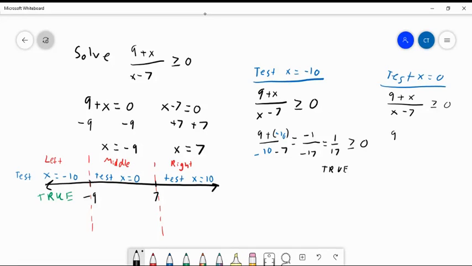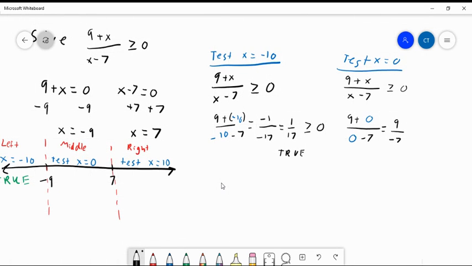So put a 0 in for both x's and see what you end up with. After simplifying, you will end up with 9 divided by negative 7. We're wondering, is that greater than or equal to 0? Well, a positive 9 divided by a negative 7 is a negative number. A negative number is not greater than or equal to 0. This is a false statement.